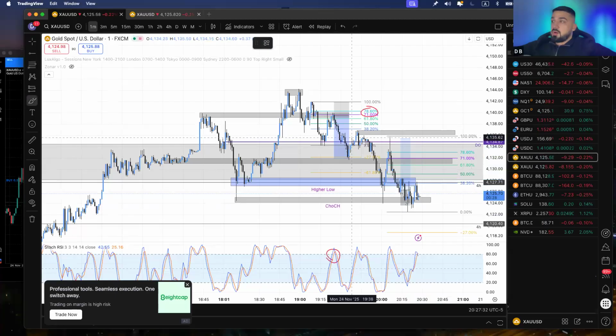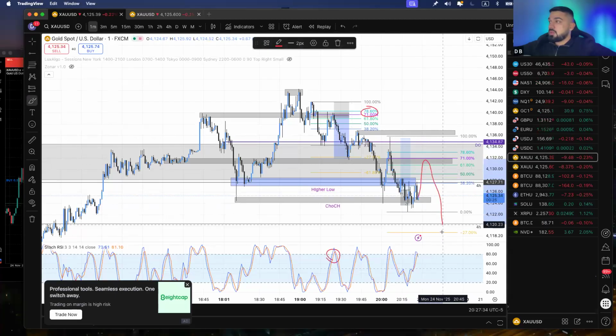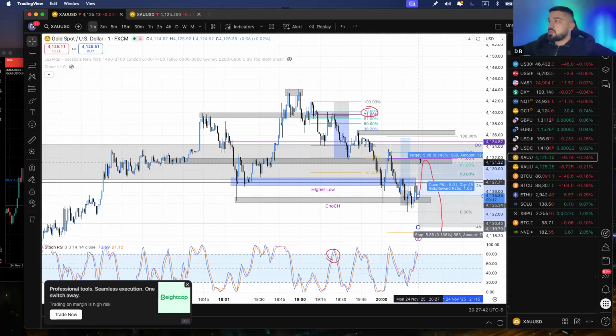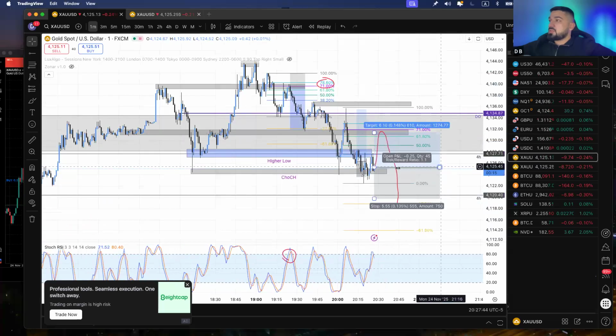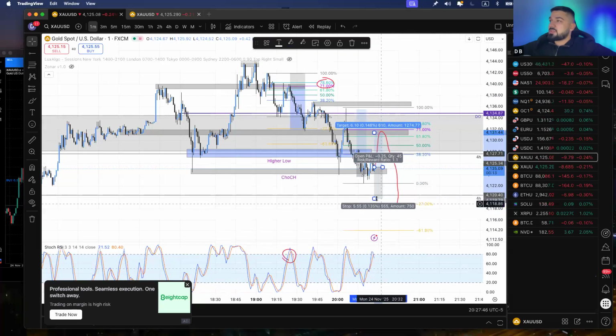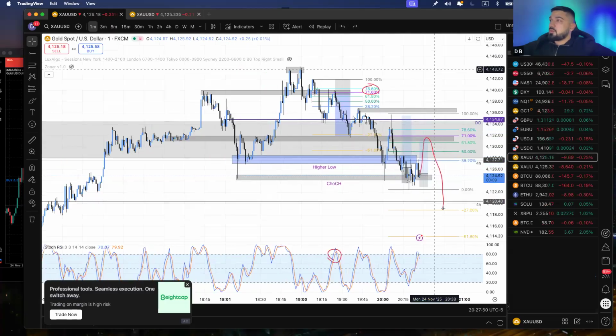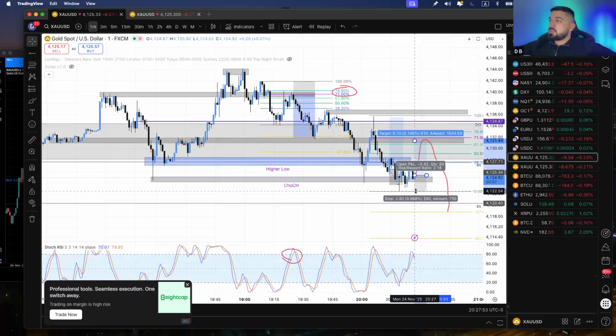So I would buy, wait for it to get here, and then get into a sell, right? Again, I don't necessarily like to trade too much. I believe there are only so many trades you can take in a trading session, but this could be a nice trade. It's 60 pips in potential reward for like 20 to 30 pips in stop loss.